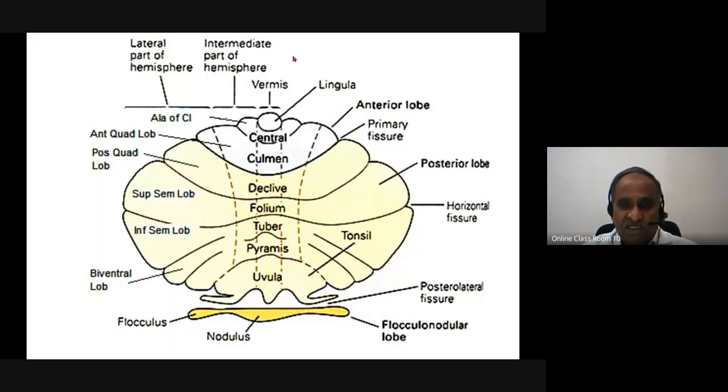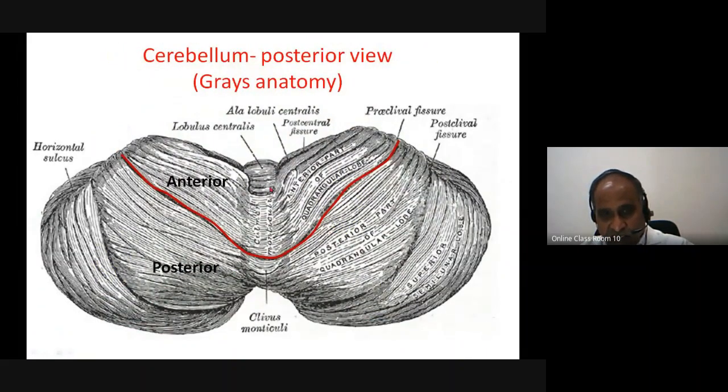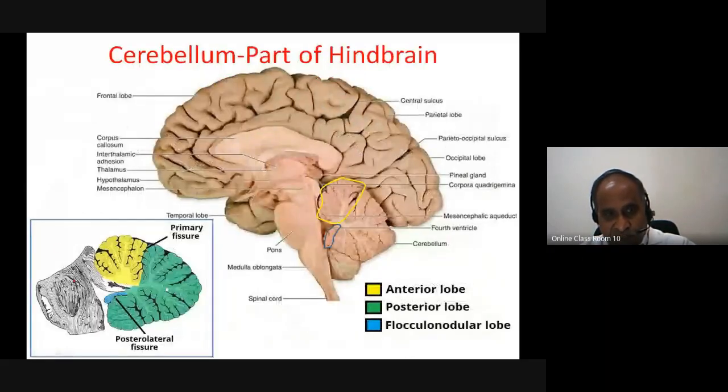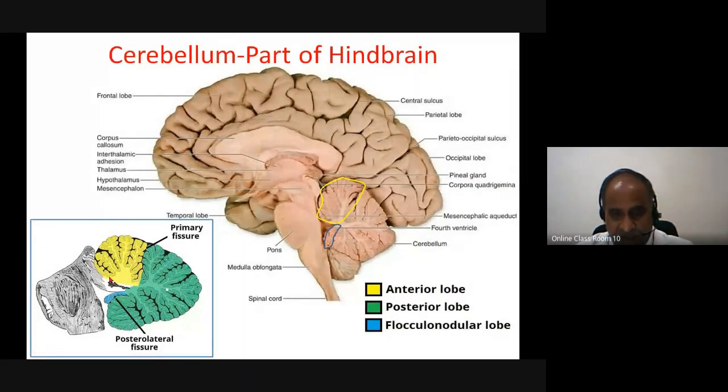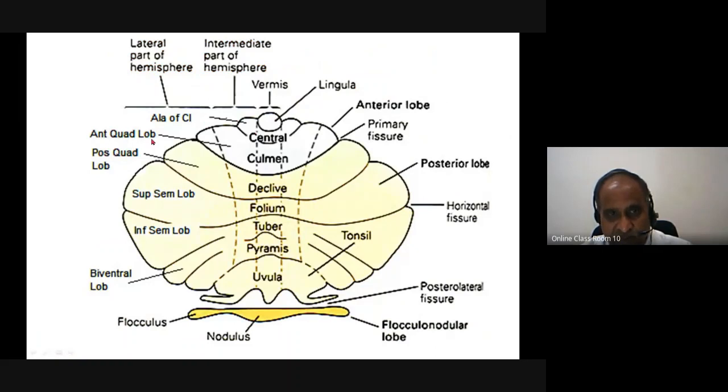we have this part of the cerebellum. If you are looking at this one, it is opened up. If I spread it, I just open it and keep it, this part, if I dissect it out and open it and keep it, you get the cerebellum as a leaf-like structure.